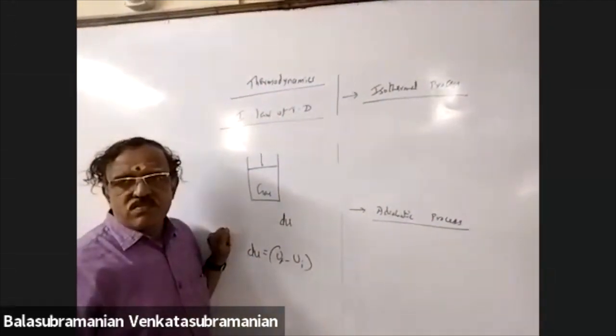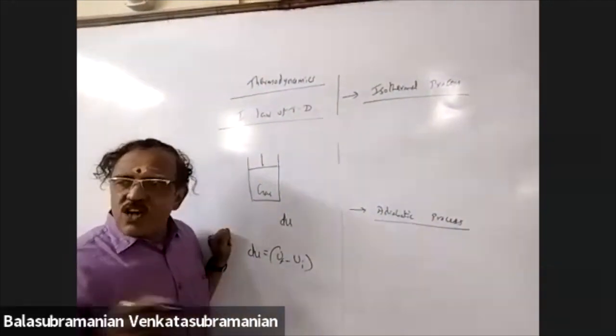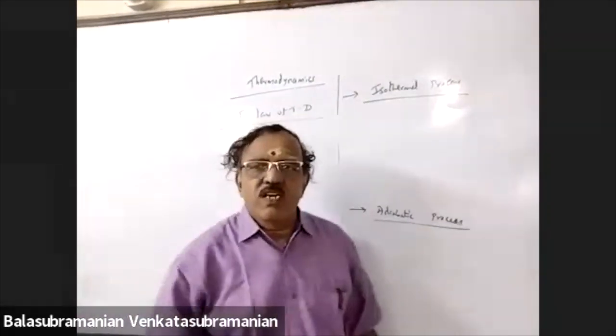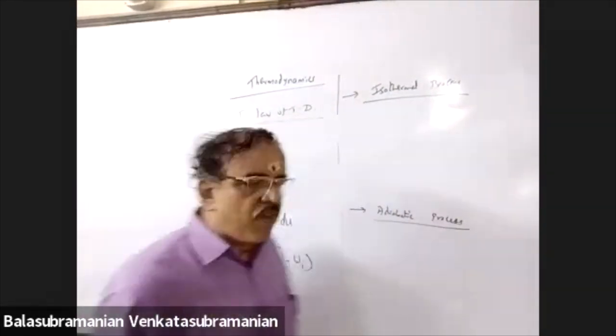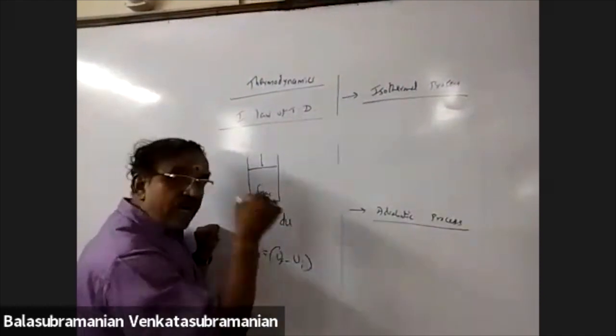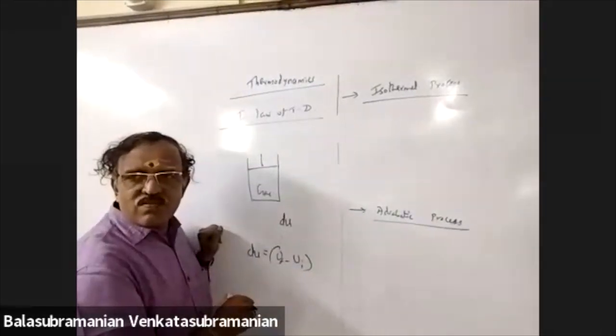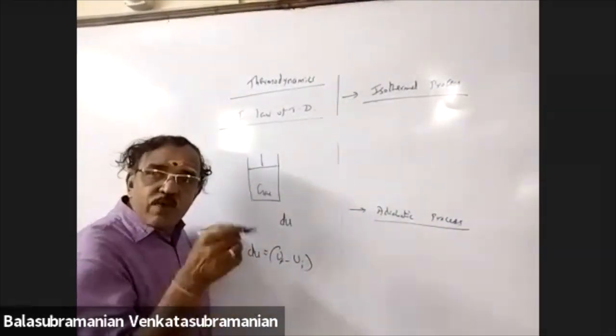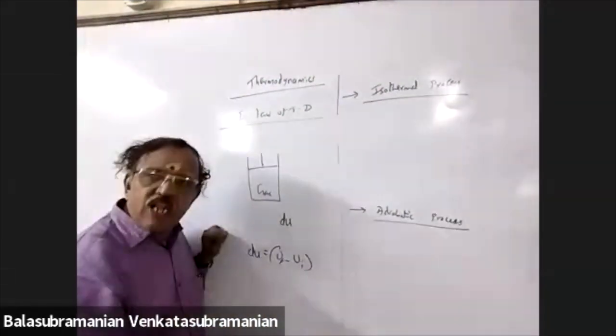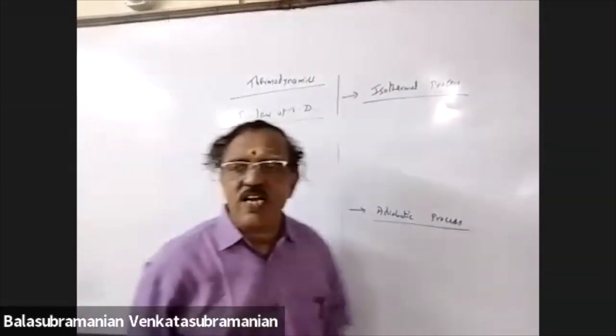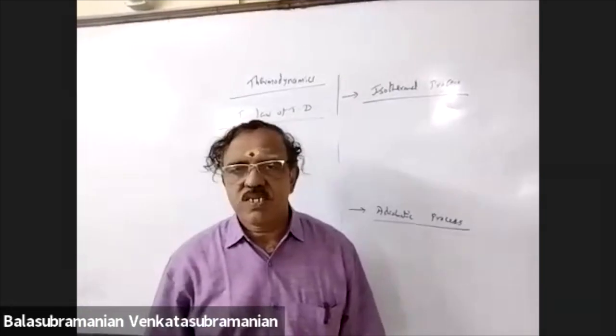The gas molecules are not at rest, they are moving. When the gas molecules are moving, you can say kinetic energy. So kinetic energy and potential energy both together we call as internal energy of the gas molecules. Correct?